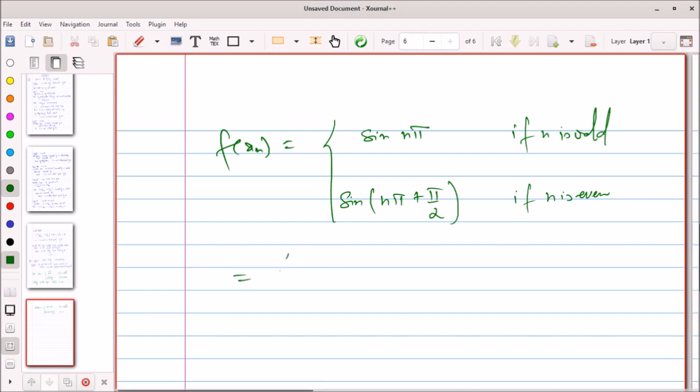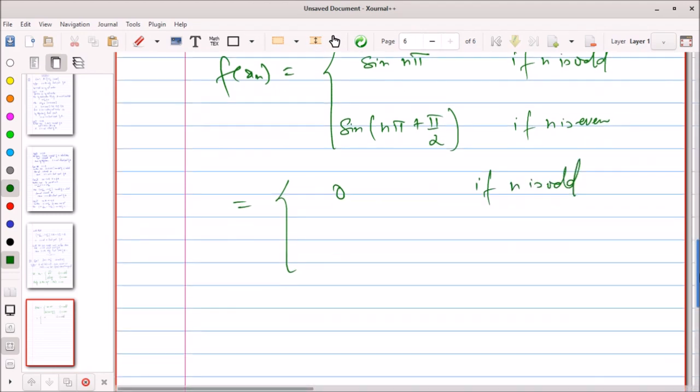So this is equal to: sin(n pi) is 0 if n is odd, and sin(n pi plus pi/2), because n is even, so it is of the form 2m pi, so sin(2m pi plus pi/2) is equal to 1. So this is 1 if n is even.